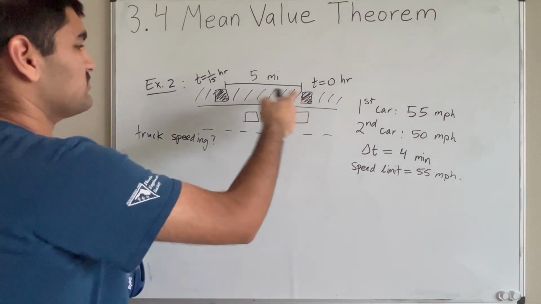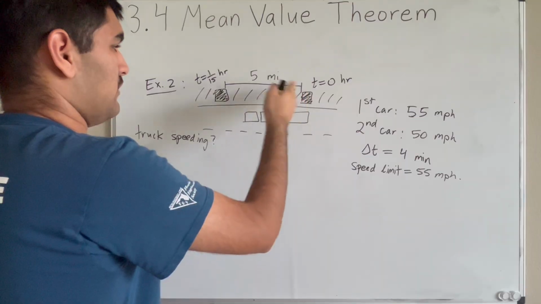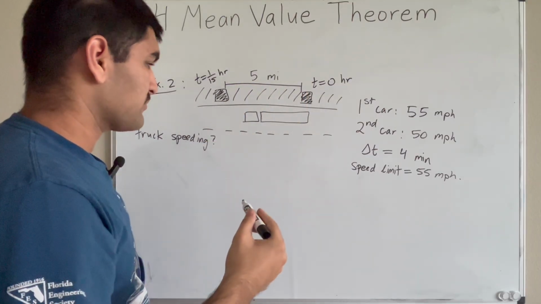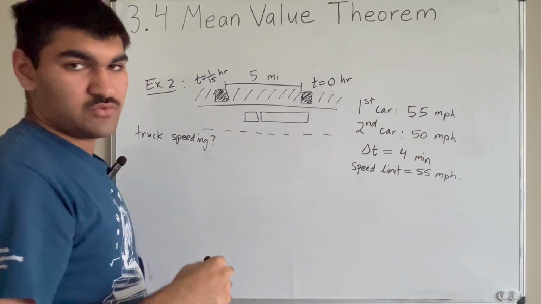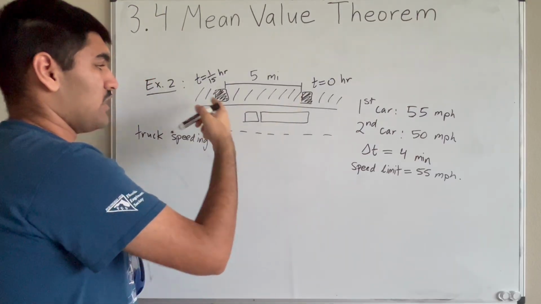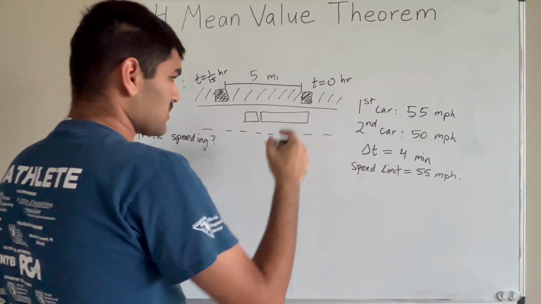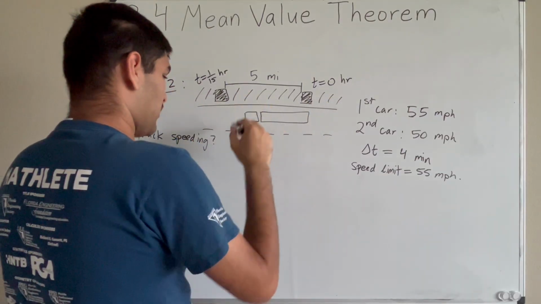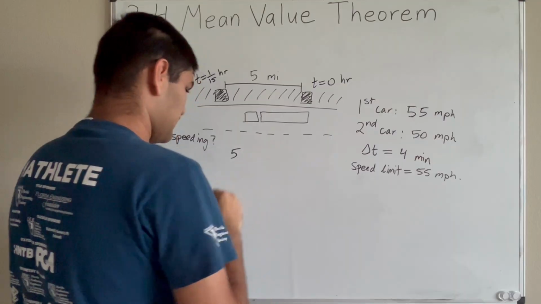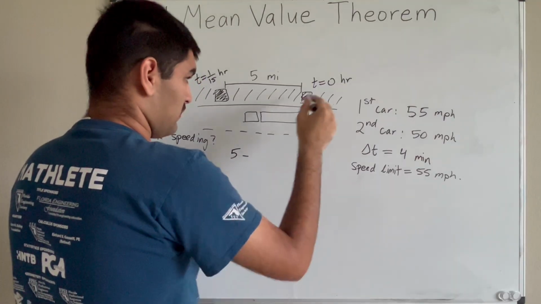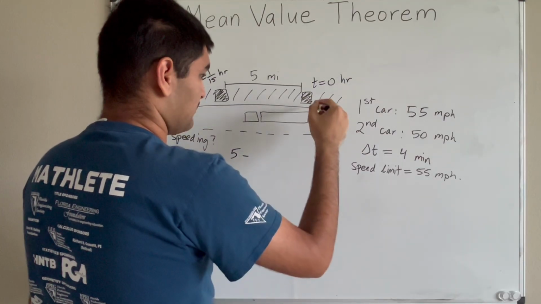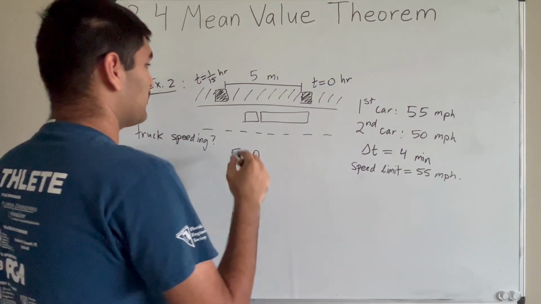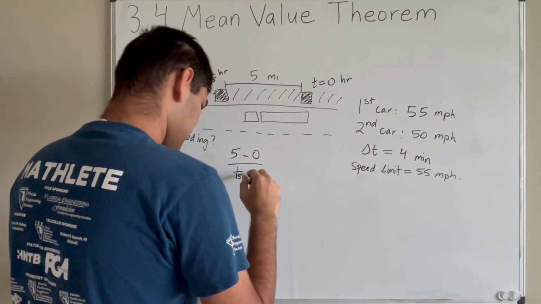All right. And then we know that the distance between the two cars is 5 miles. So now let's go ahead and find the average rate of change, or in other words, the average velocity of the truck as it passes through these two cars. So at the second police car, the truck has traveled a distance of 5 miles. And then over here, we'll say that it traveled 0 miles so far, all over the time interval of 1/15 hours.